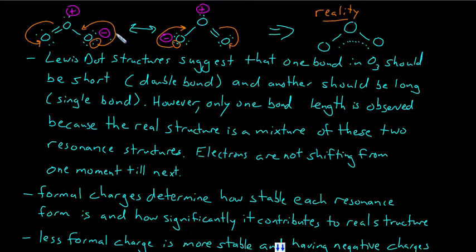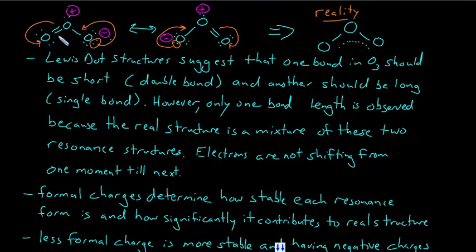We'll be predicting resonance structures and how to form them by the movement of electrons in a little bit. An important fact is that with resonance structures, you don't have one at a certain moment and then another at another moment, but that reality is a mixture of the important resonance structures.